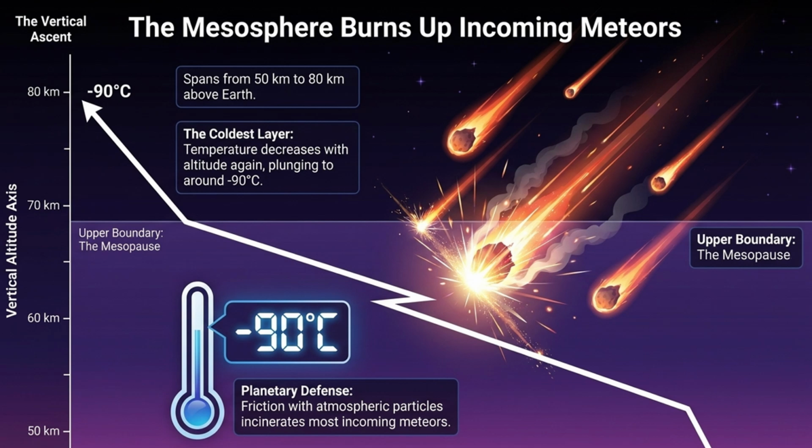For example, the bright streak of light that we often call a shooting star is usually produced when a small meteoroid burns up as it passes through the atmosphere. Therefore, the mesosphere is important not only because it is the coldest atmospheric layer, but also because it helps protect the Earth from many incoming meteoroids.